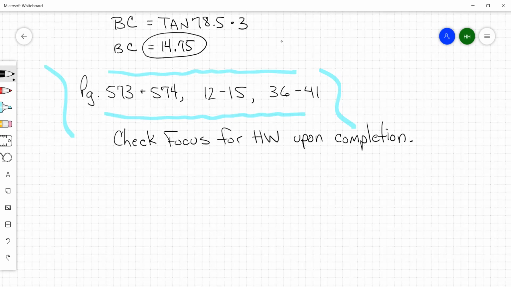If you came in late, I will upload these notes to Focus here very shortly. Tomorrow we're going to work on the study guide, so at the beginning of class, we'll go over the answers to this assignment. So there will be a regular Zoom meeting tomorrow and regular Zoom meeting on Friday.